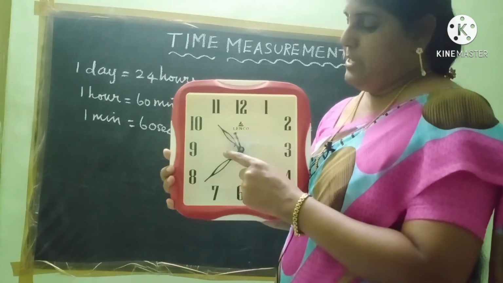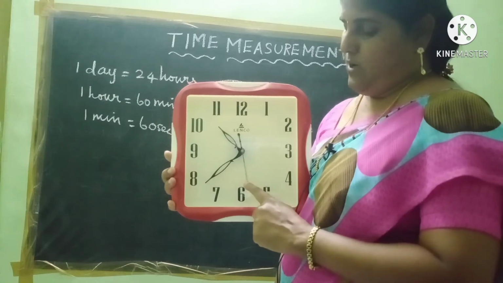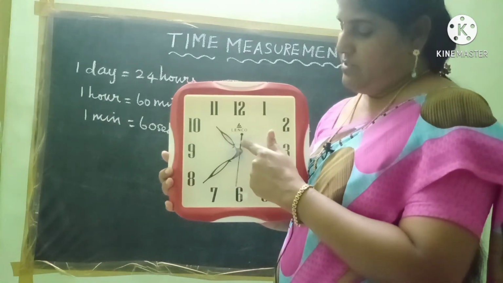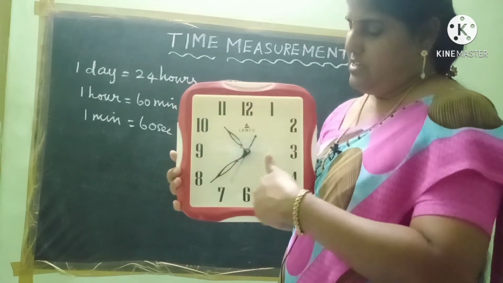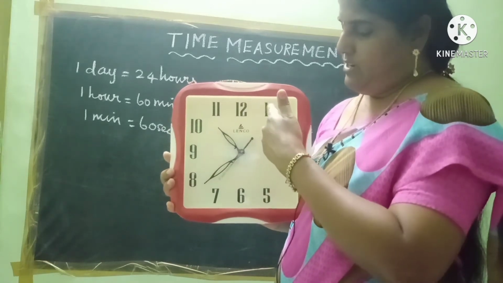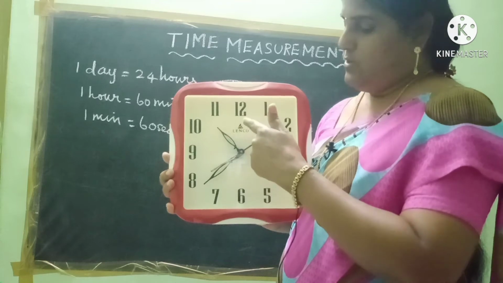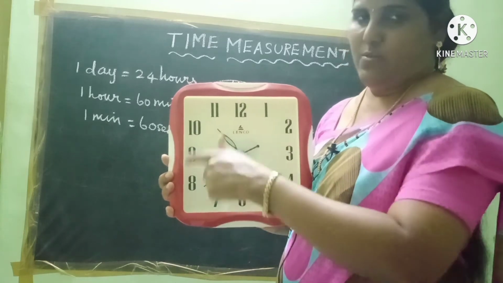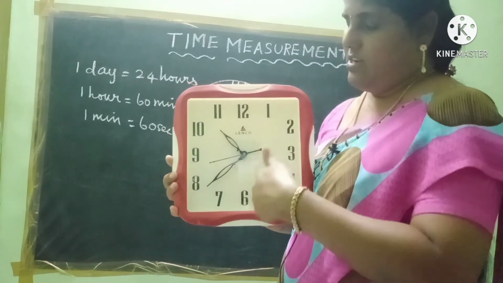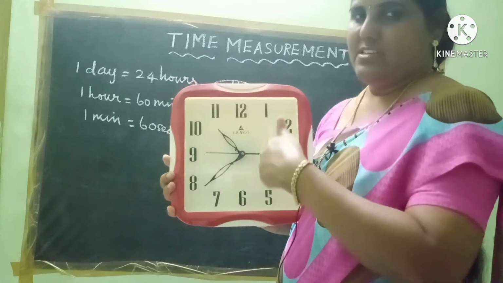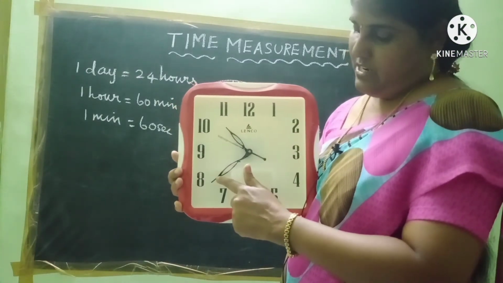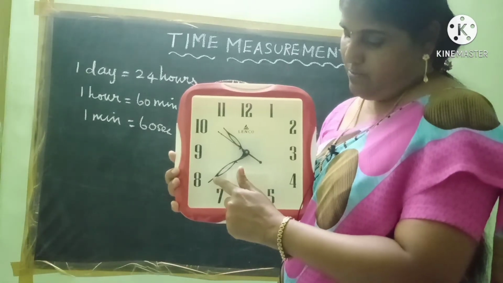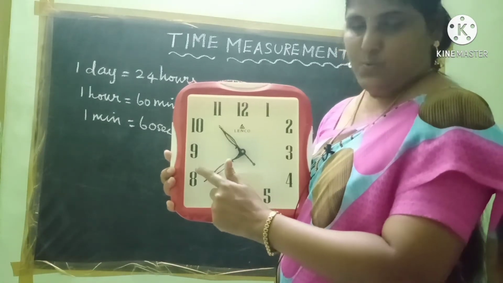Okay children, you already know that 60 seconds make 1 minute. So when the second hand goes around the clock from 12 to 12, it finishes 1 round, and that makes a minute. Then it moves from 1 minute to the next one.